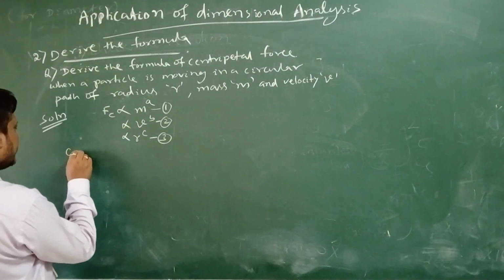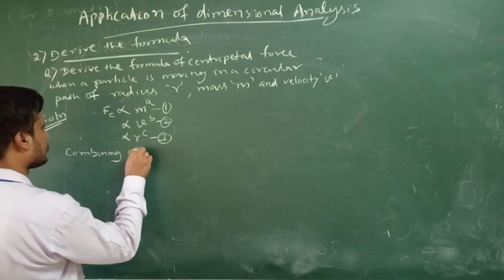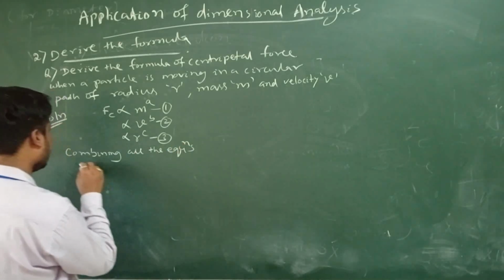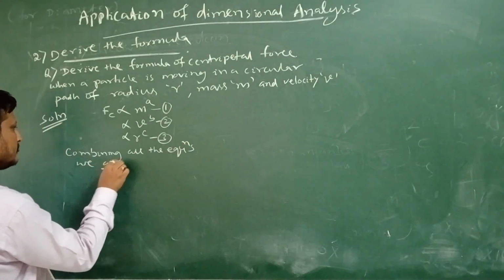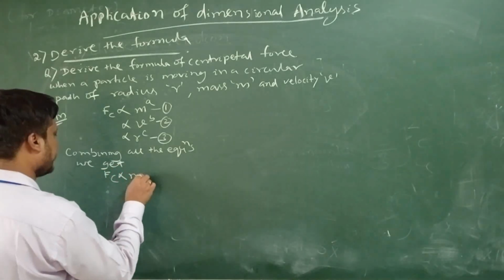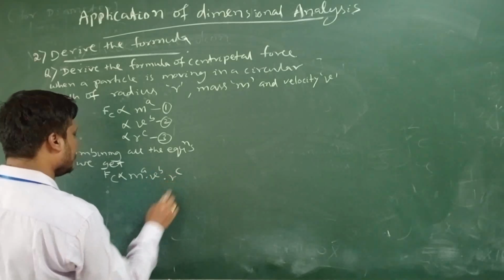So combining all the equations we get Fc proportional to m to the power a, v to the power b, and r to the power c.